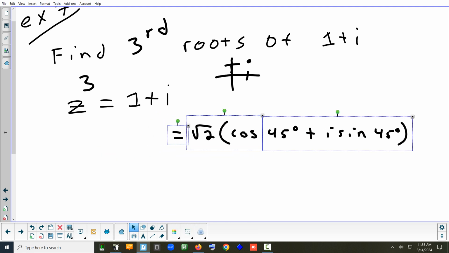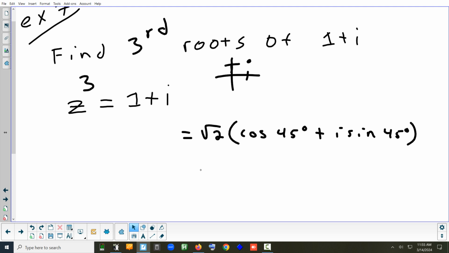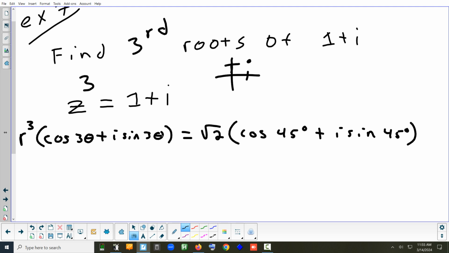Now, what's going to end up on the left side when we write something in trig form generically and raise it to the 3rd power? We're going to get r cubed, and then we'd have cosine 3 theta, plus i sine 3 theta.